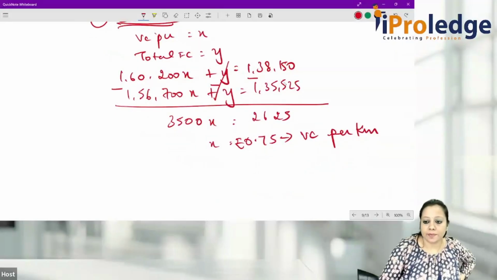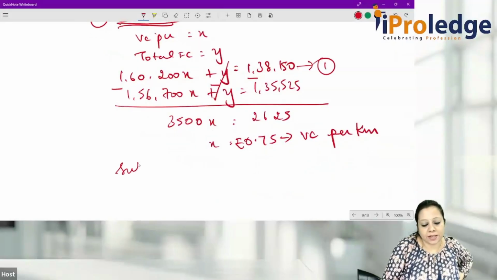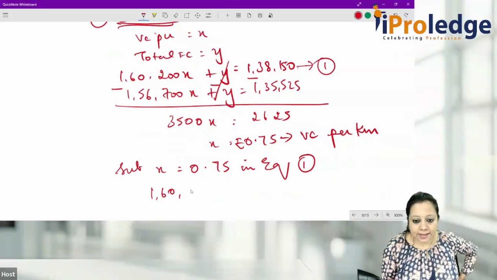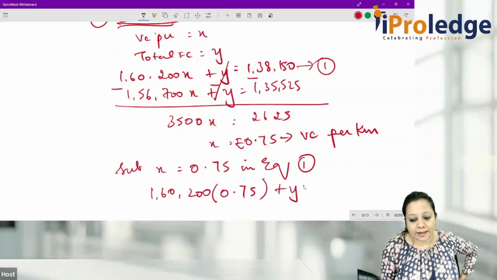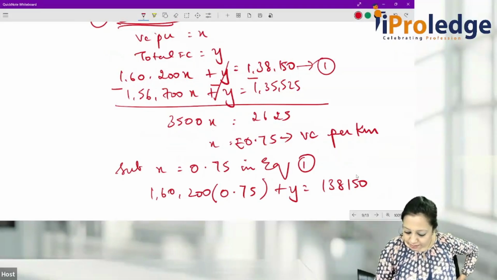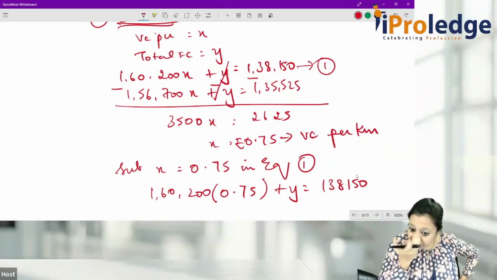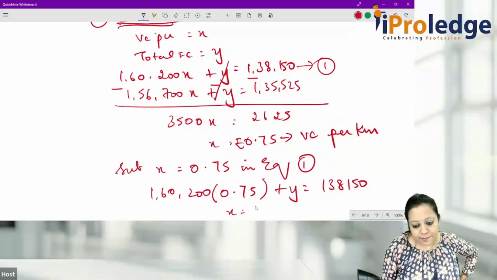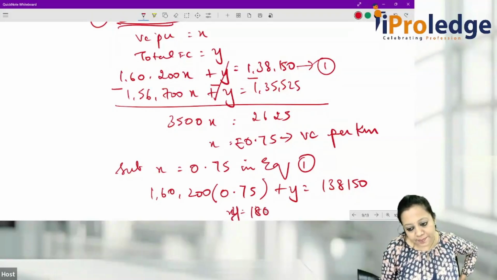So now substituting X is equal to 0.75 in equation 1. That is 1,60,200 into 0.75 plus Y is equal to 1,38,150. So Y is equal to 1,38,150 minus 1,60,200 into 0.75, which is 18,000. So Y is equal to 18,000.